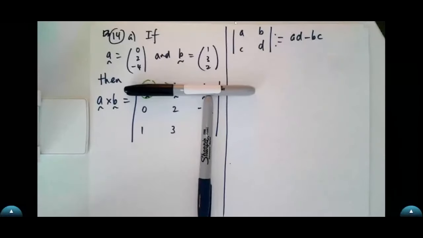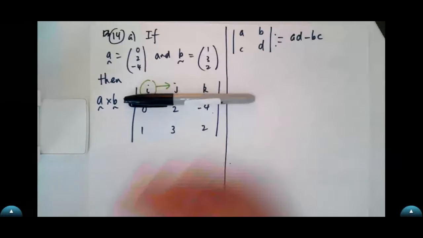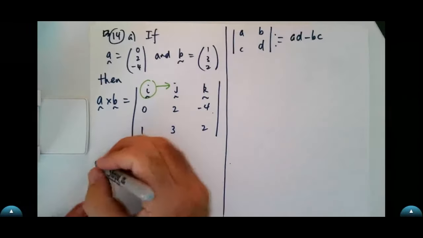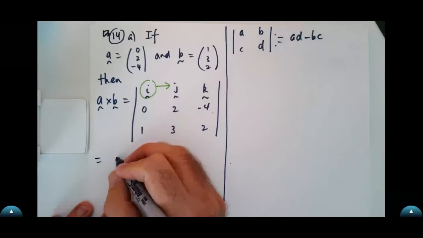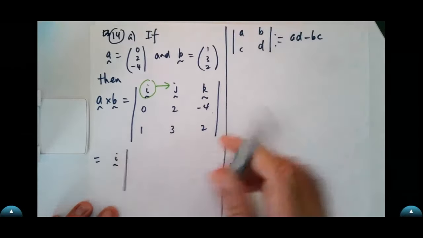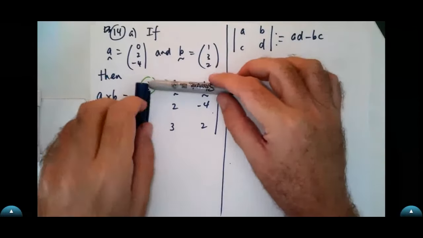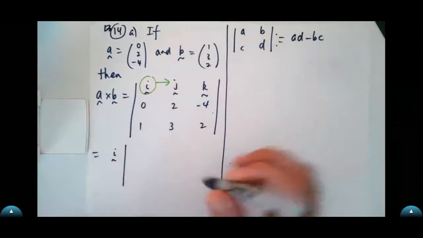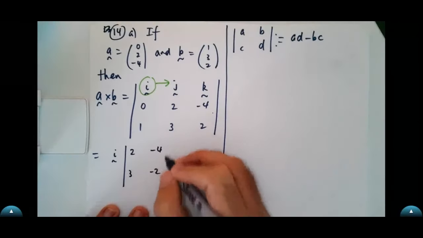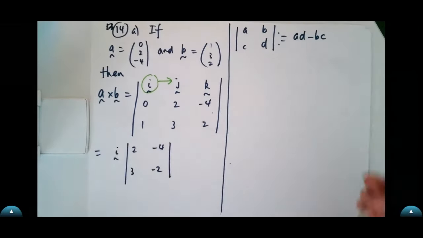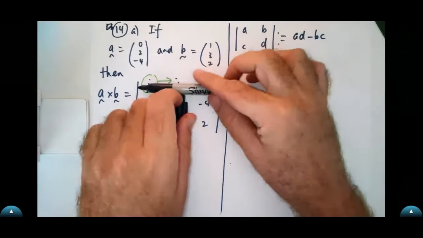You can do whatever works for you. This is how I'm going to do it. The first thing is i times the determinant of what you can see there, the 2 by 2 determinant. Then you move on to the j.